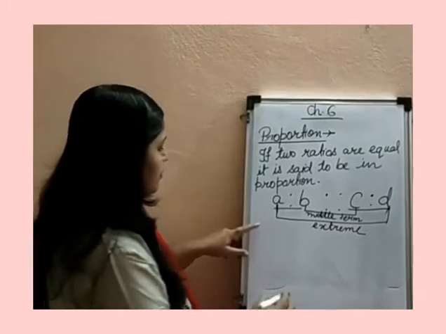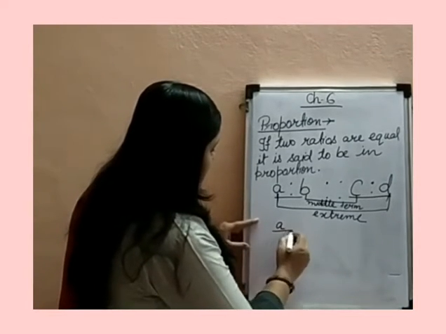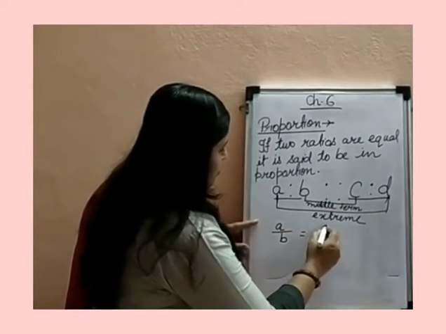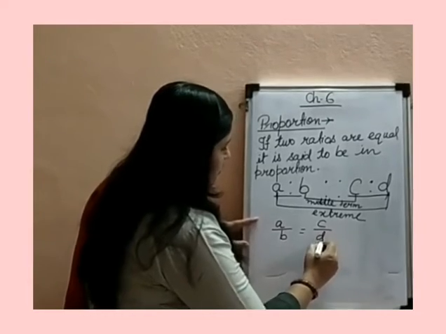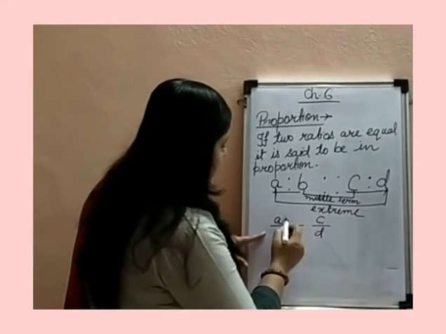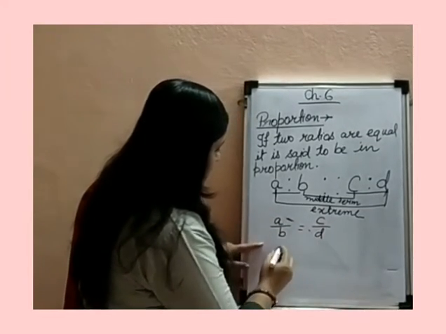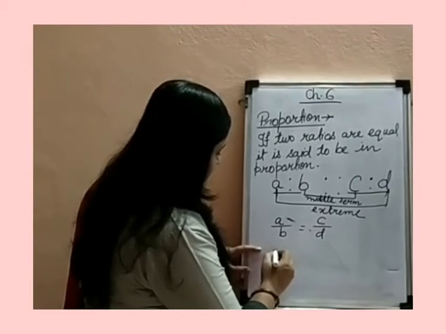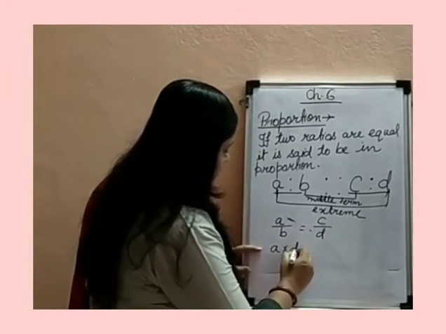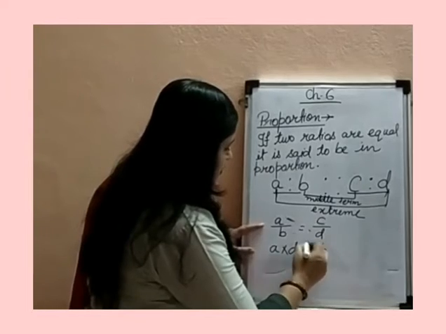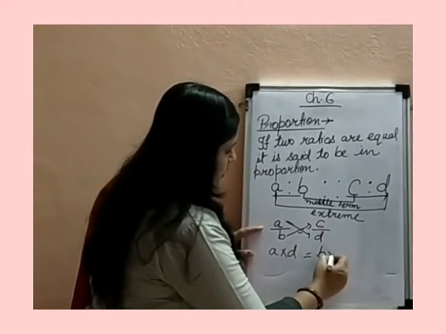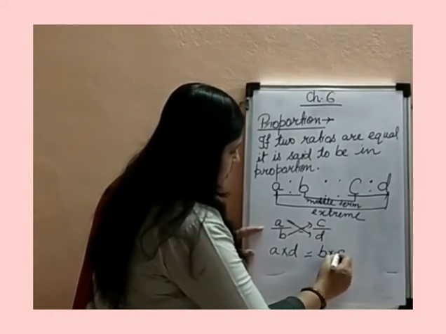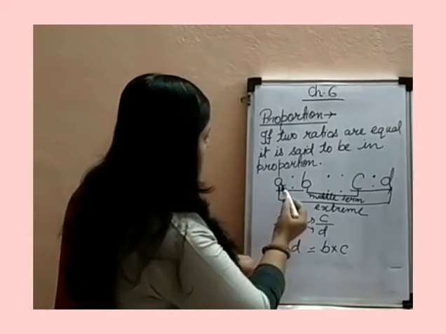If in fraction, we will write A upon B equals to C upon D. Cross multiplication, A and D: A into D equals to B into C. It means, what is A and D?